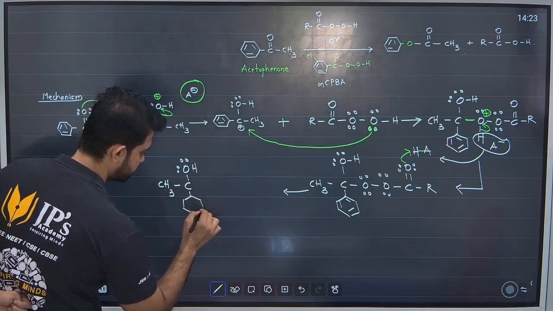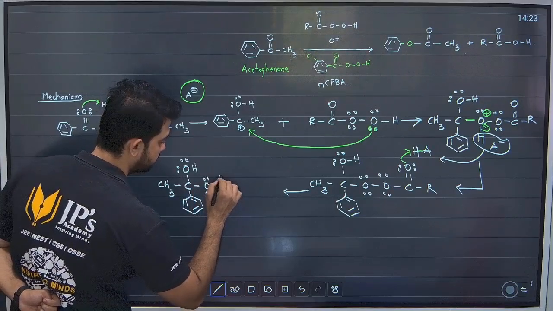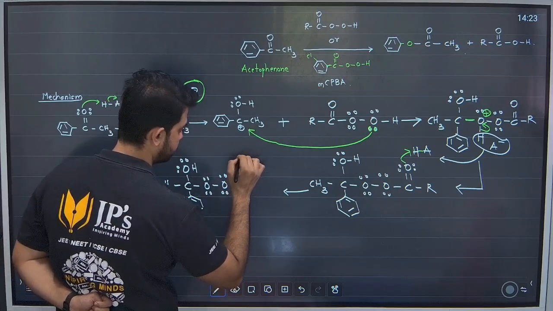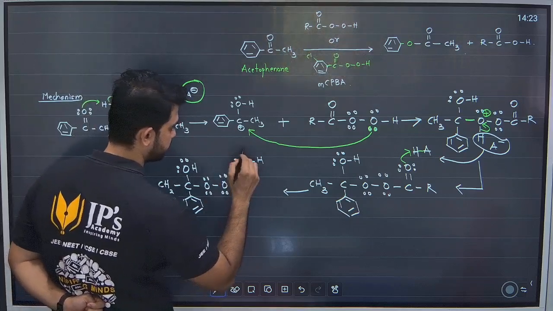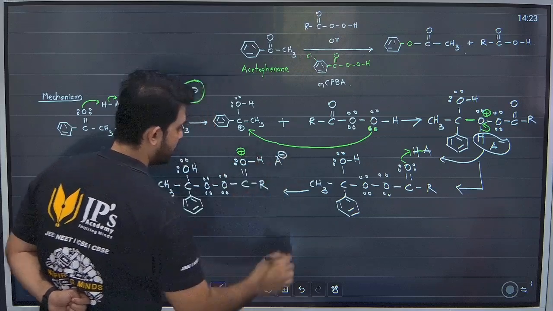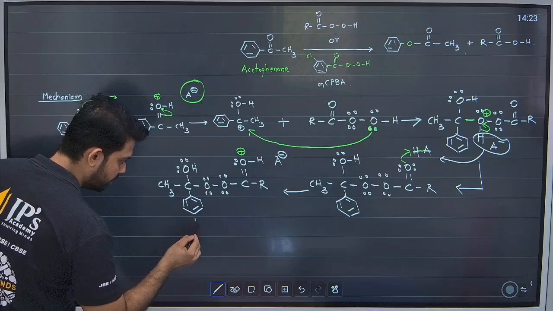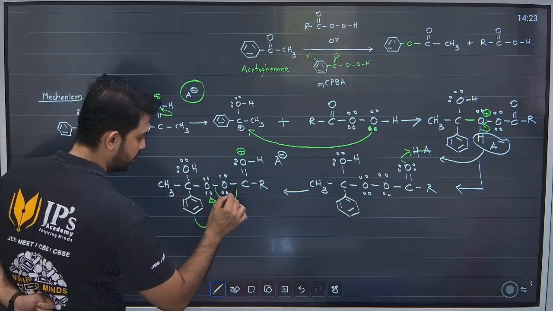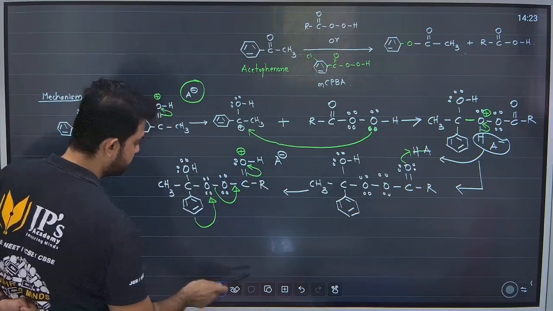And after this step you're going to have a very important migration. So this is our protonated oxygen. And now students, here comes the important step. Now the phenyl group will migrate and these electrons go as a lone pair.